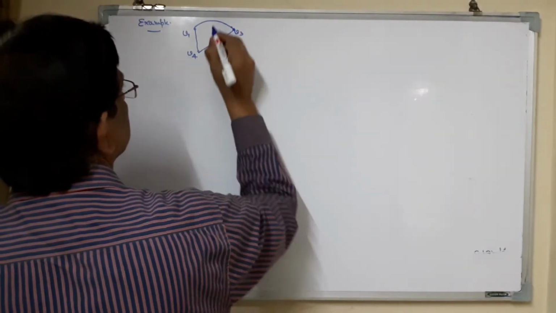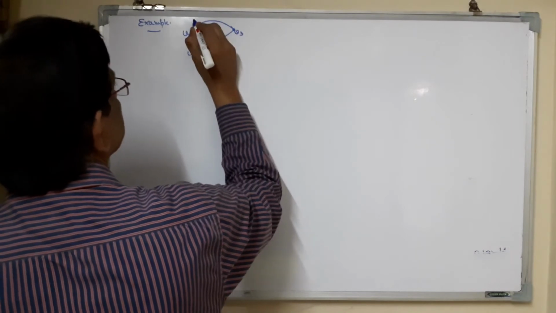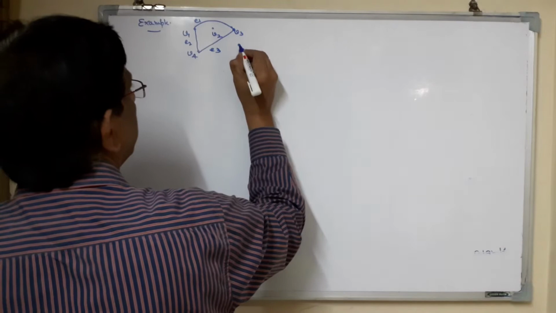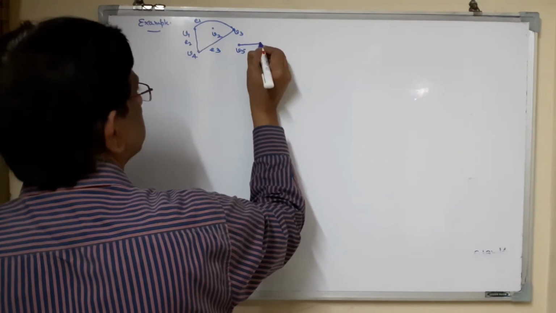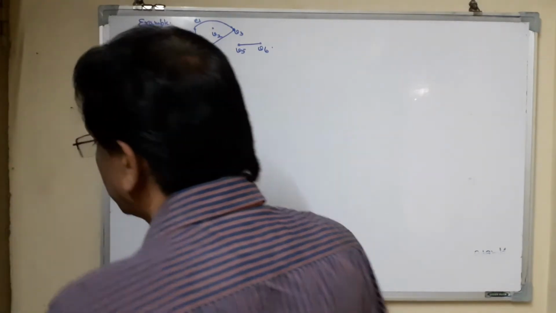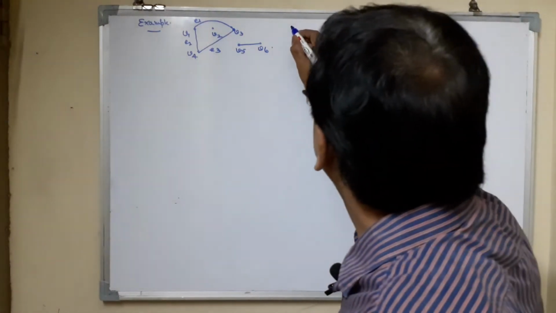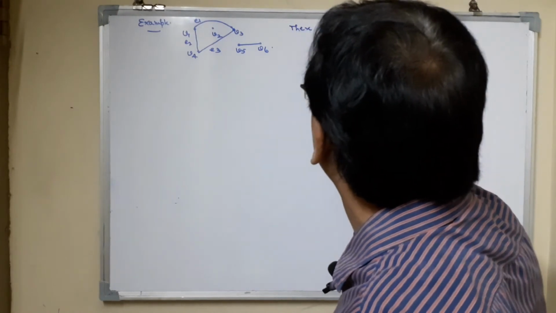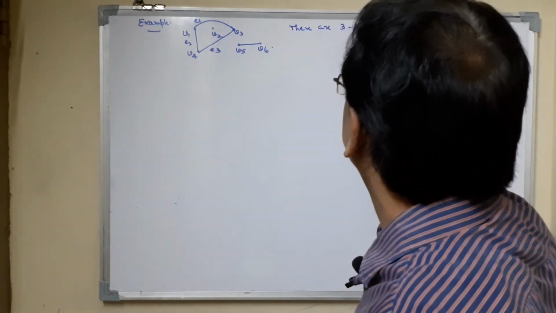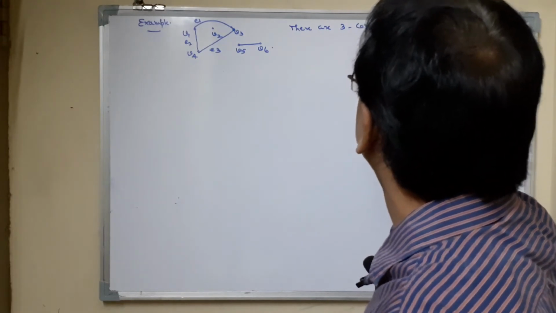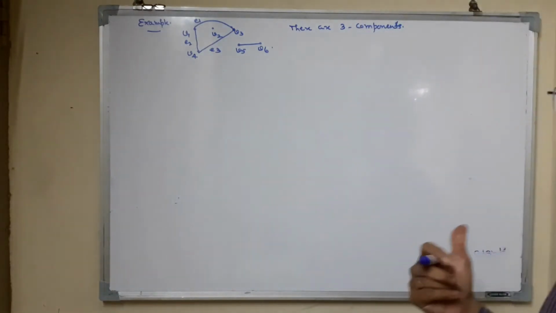This is an edge. So I can say E1, E2, E3, and then V5, V6. This is a graph. Let us see the components. In this graph there are 3 components.